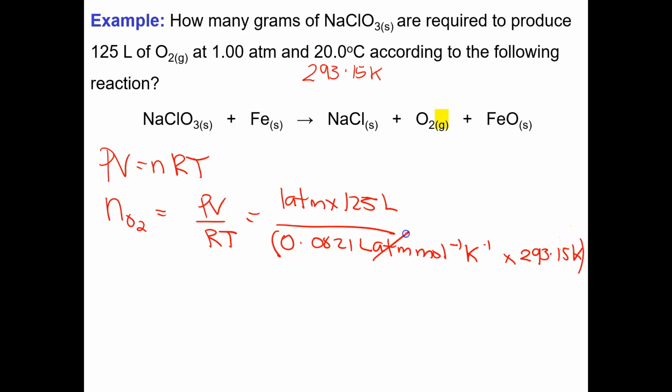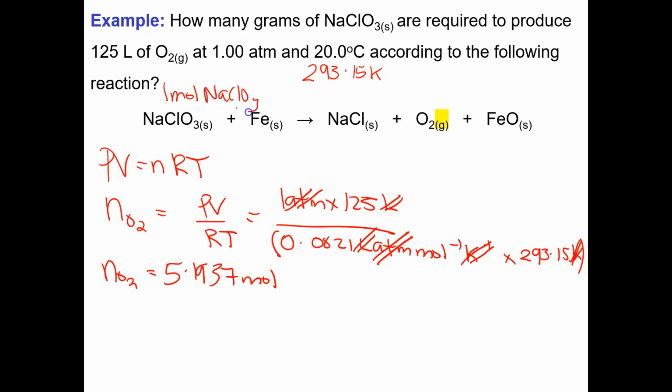And so hopefully you'll be able to see that atmospheres will cancel out, kelvins will cancel out, liters will cancel out, and the only units we have remaining are moles. So the number of moles of oxygen that we're trying to produce in this reaction ends up being 5.1937 mole. Now, we know that for every mole of oxygen, we need 1 mole of sodium chlorate.